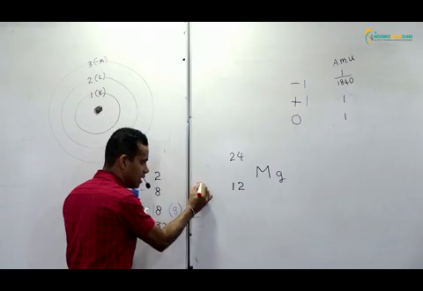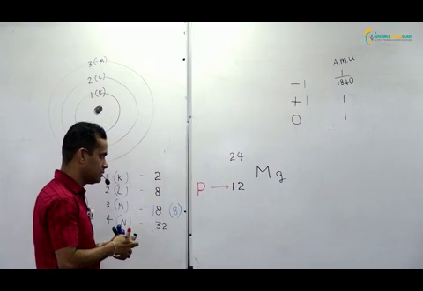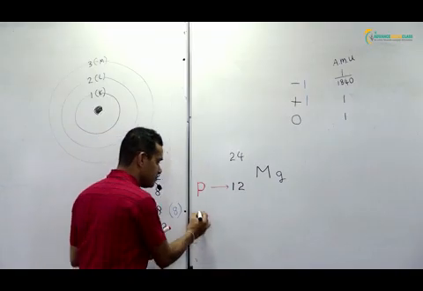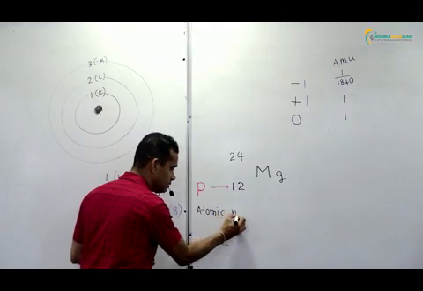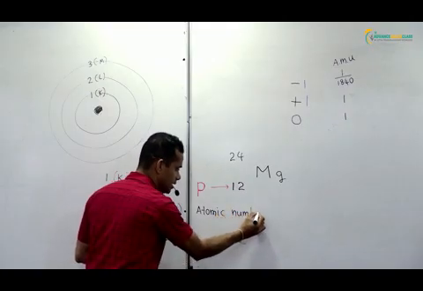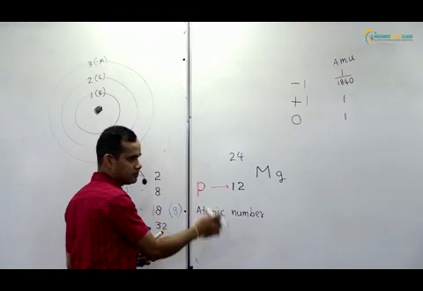And the name of it is atomic number. Can't we call it proton number? No, the standard name is atomic number. Atomic number is giving us protons.